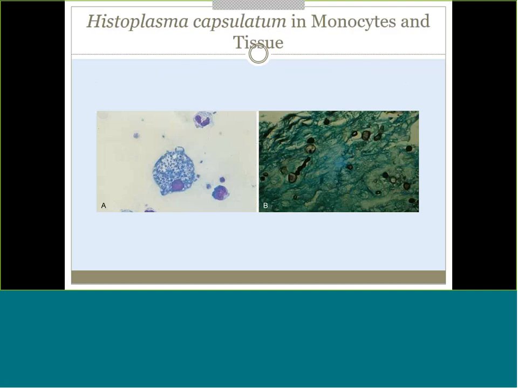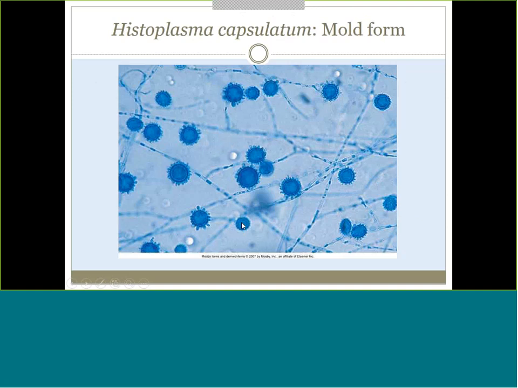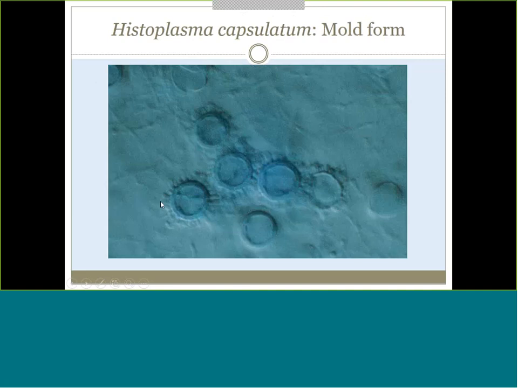So this is just what it looks like in tissue. You can ignore this. But here it is. That's what you need to know. So you can see it's this round conidia, and then it's tuberculated or rough looking, right? A little spiky. That's what's key to identifying Histoplasma. There it is again. You'd have to kind of really squint, but you can see the spikiness.